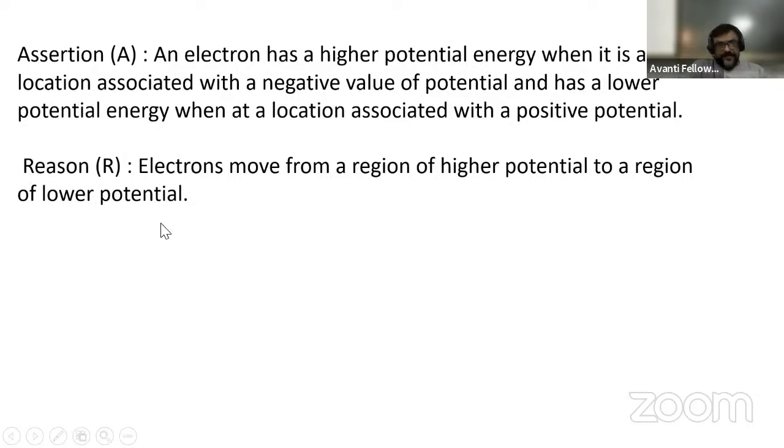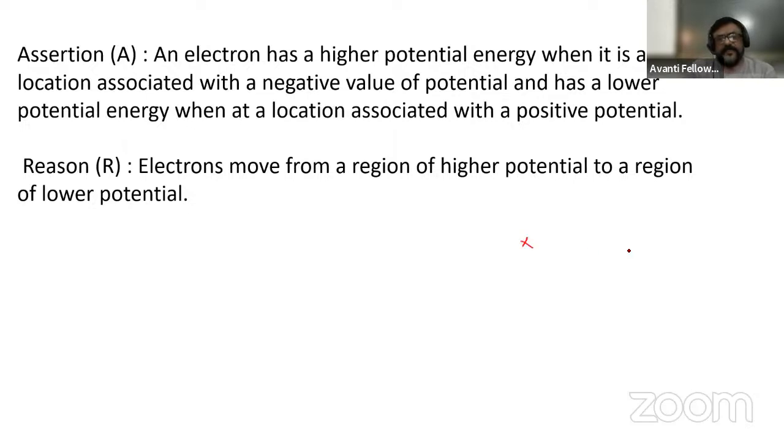The reason is, electrons move from a region of higher potential to a region of lower potential. So let us try to understand what is given in the assertion part. An electron has a higher potential energy when it is at a location associated with a negative value of potential.